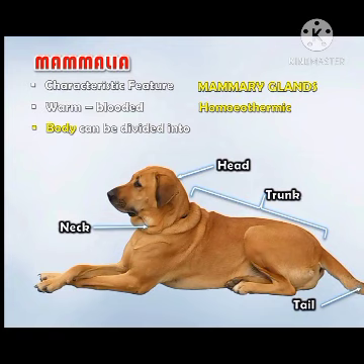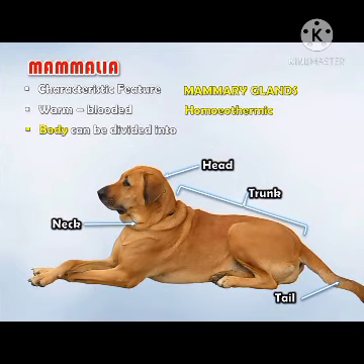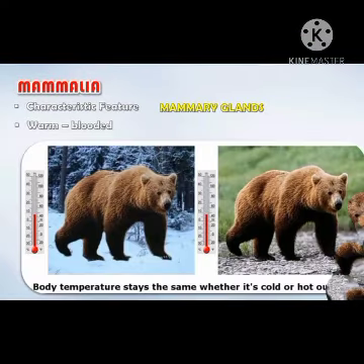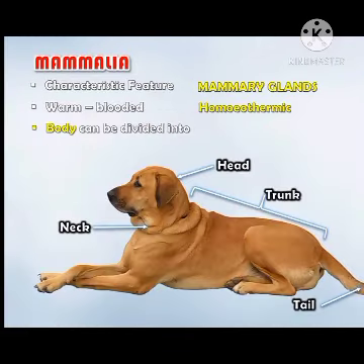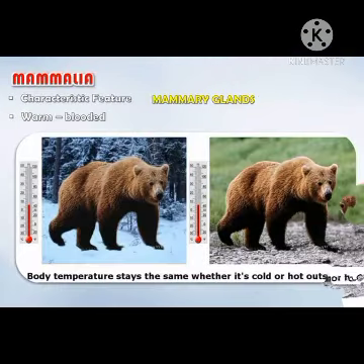These animals are warm-blooded, that is, body temperature stays the same whether it is cold or hot outside. Warm-blooded animals are also called homeotherms. If the temperature rises, we get fever, and if it decreases, then hypothermia.